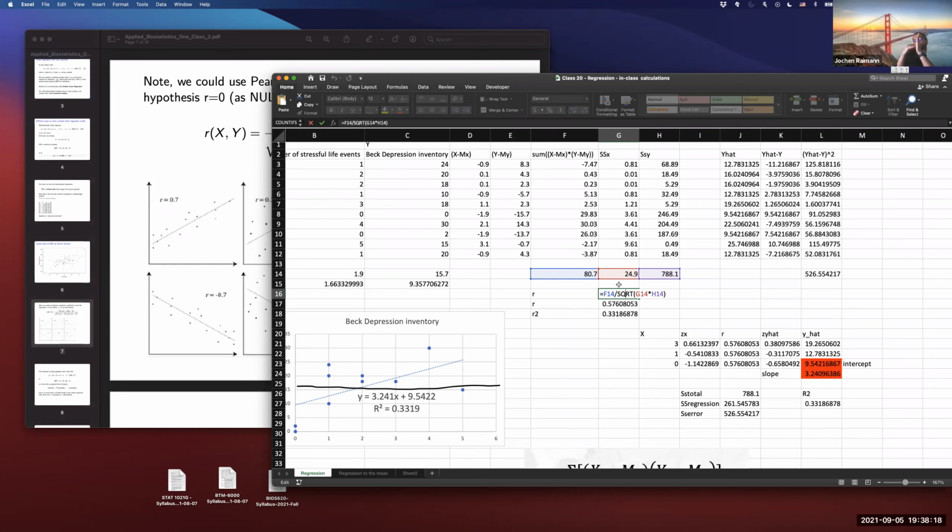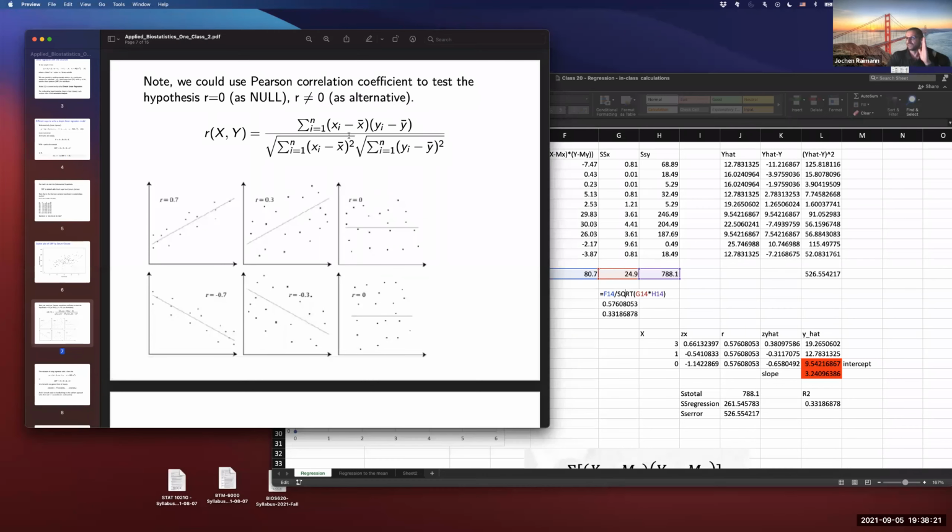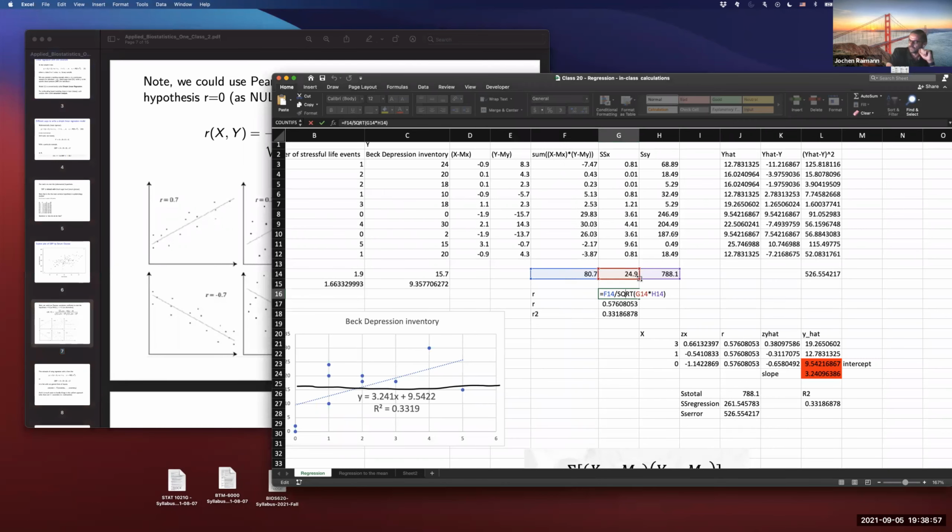So you're relating the sum of the products of your individual differences from the mean to the square root of the sum of the squares of these individual data points. As a consequence, you now get your R.